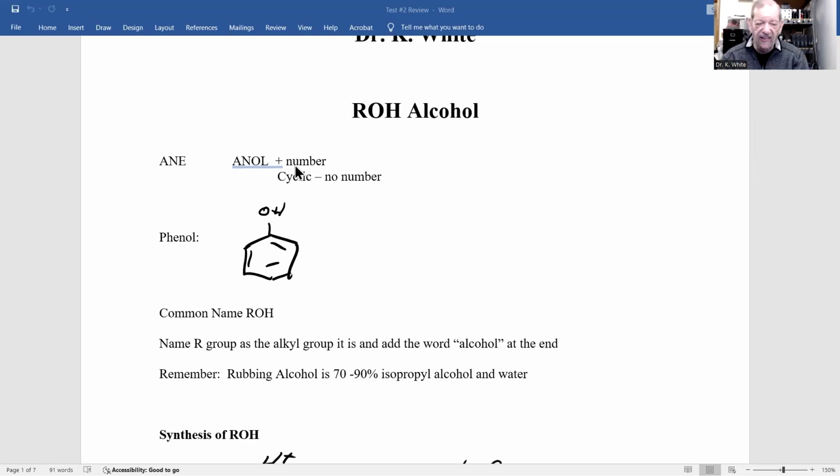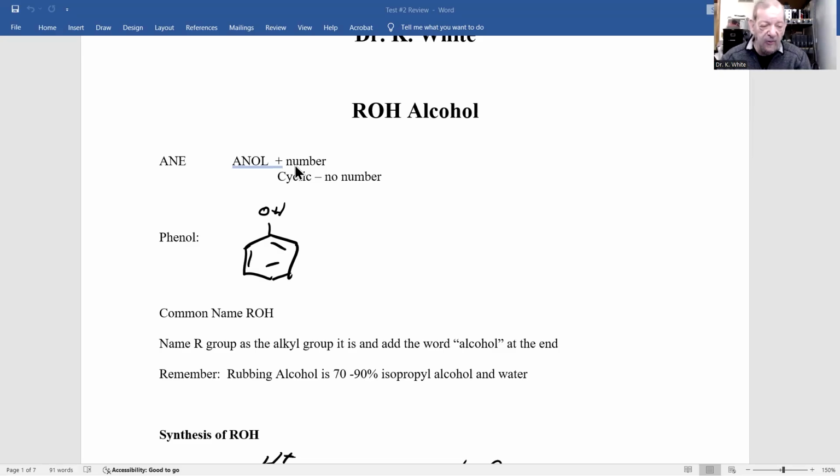If it's acyclic, you need a number. What carbon is the hydroxyl group on? And that always has priority, meaning the lowest number. Now, if it's on a ring and there are no other functional groups, which is what will be on my test, for cyclic, you need no number because the carbon with the hydroxyl group is always number one.